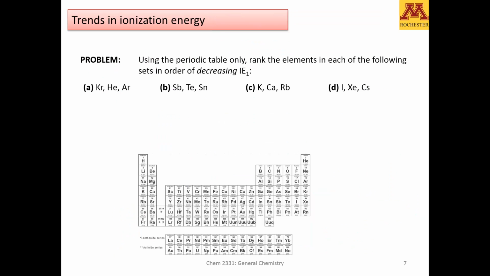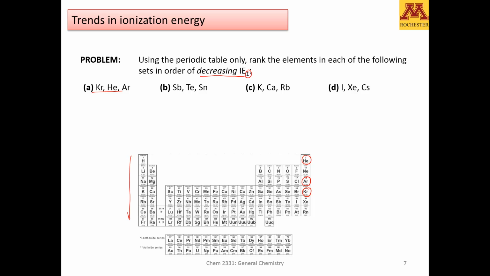So let's just solve some of these questions. In this case, it's asking to rank the following elements in terms of decreasing ionization energy of the first electron. So let's take this one first. Krypton is here, helium is here, and argon is here.